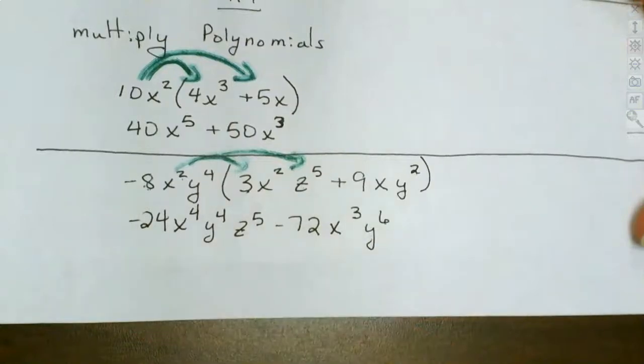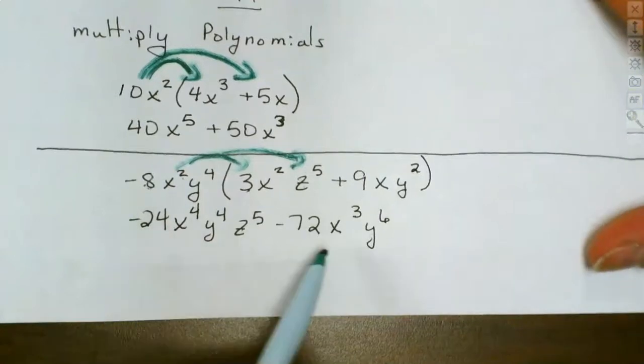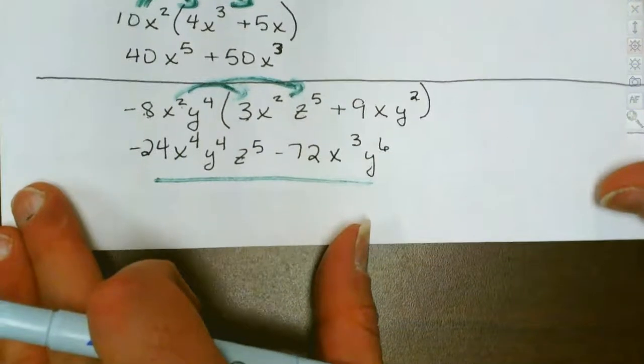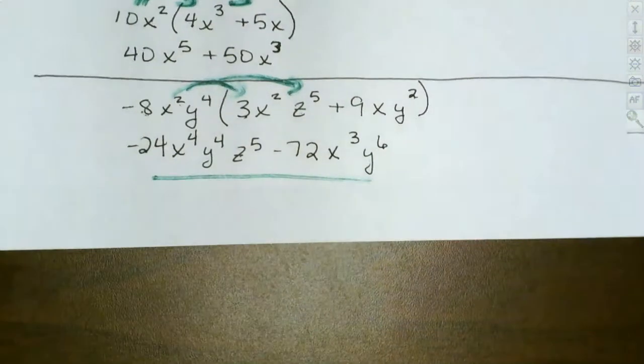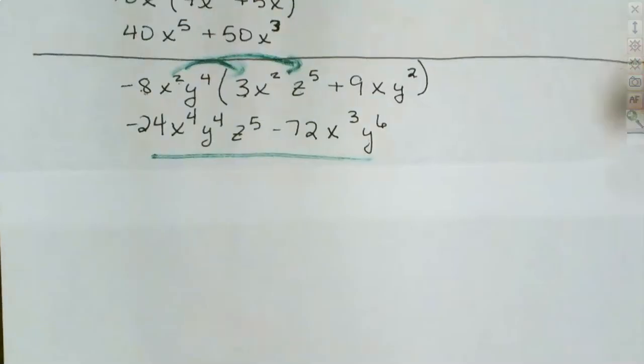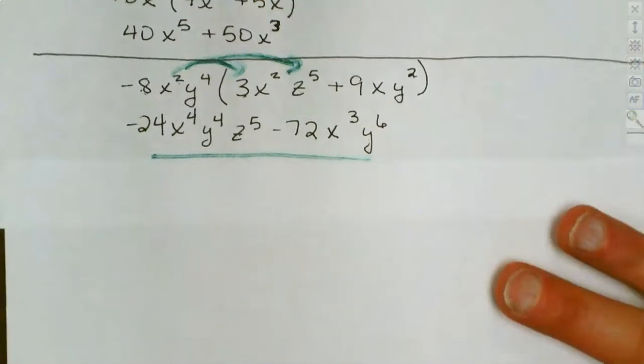Y to the 6th. These exponents are going to add together. So there's your answer. All we are doing is using the distributive property here. Much, much easier than the last section. One more, and then we'll talk about the FOIL method.